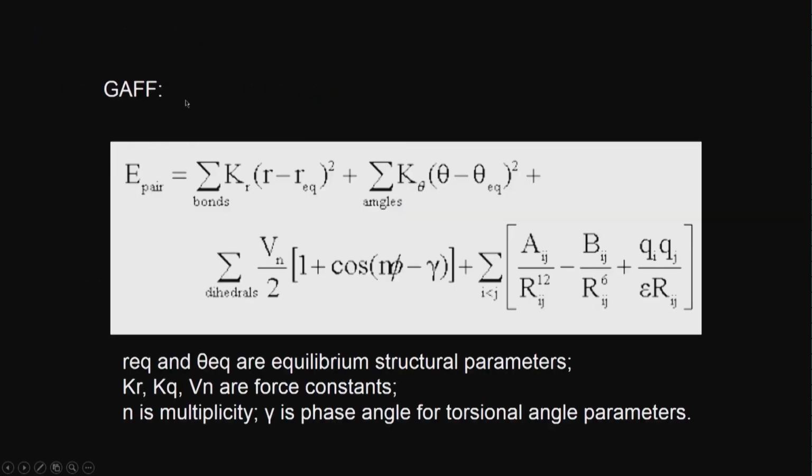This is another force field called GAFF. If you look at GAFF, we have the stretching using the normal square term, bending, and torsion, and then they have the standard terms for electrostatic and Lennard-Jones. So, different types of force field terms.